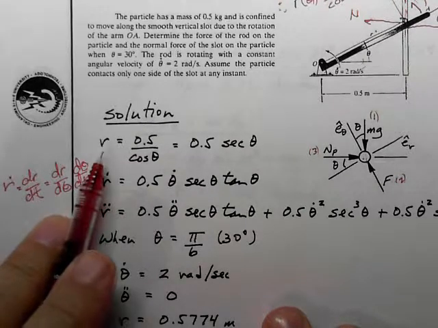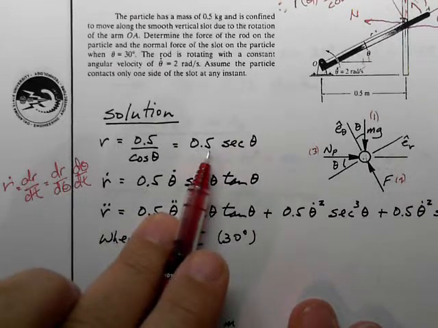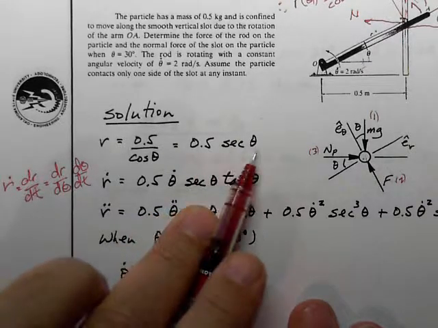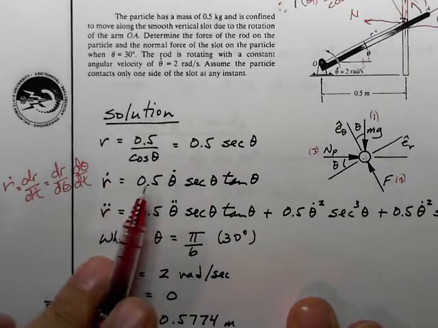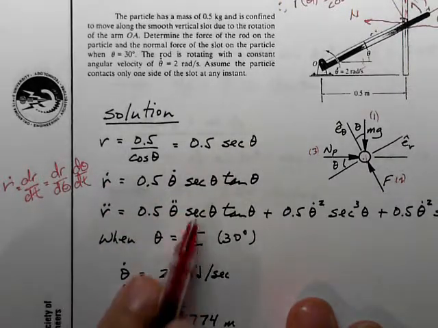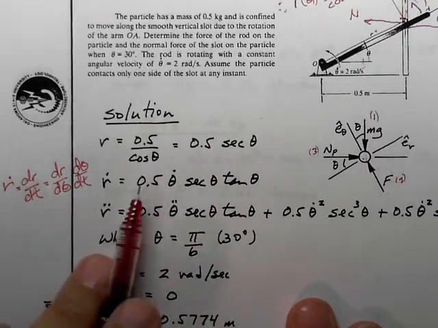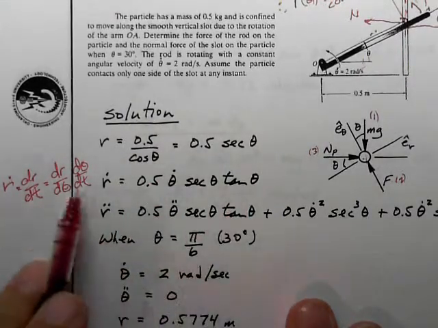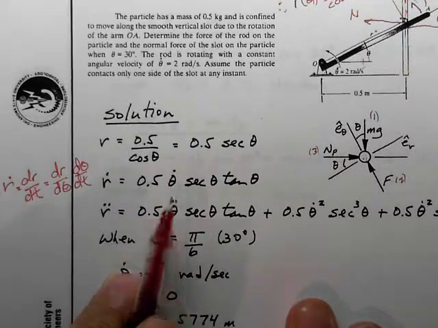So the derivative of r with respect to theta would be 0.5 times the derivative of the secant. So dr d theta is 0.5, and the derivative of the secant is the secant tangent. So dr d theta is 0.5 secant tangent, but d theta dt is theta dot. That's where the theta dot comes from.